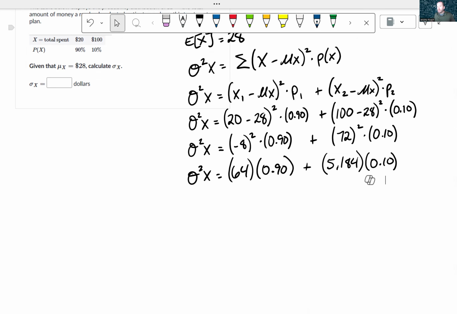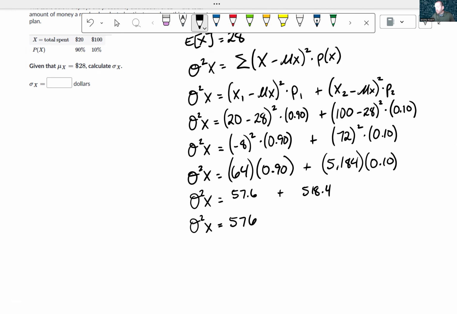Okay, when we multiply those, the variance of x should be 57.6 plus 518.4. And that gives us 576.